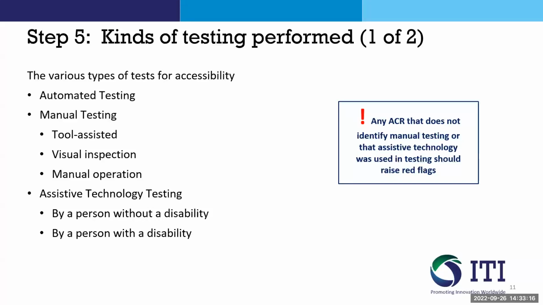Also, assistive technology testing, for example, a screen reader: was that done by a person without a disability? What testing was done by a person with a disability? Okay, and then we have a warning, a dramatic red exclamation point. Any ACR that does not identify manual testing or that assistive technology was used in testing should raise red flags. We know in the industry, and if you don't know, here's your education: automated testing alone is not enough.